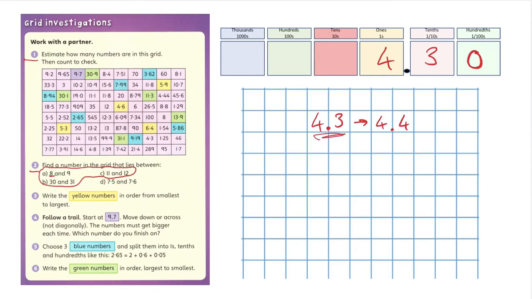We need something that sits in between. So 4.31 or 4.32 or 3 or 4 or 5 or 6 or 7 or 8 or even 9, anything in here would be in between these two numbers. So when you have a look at that one, think about that logic.